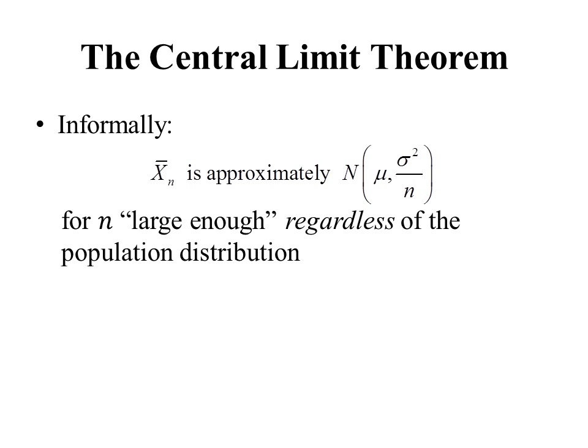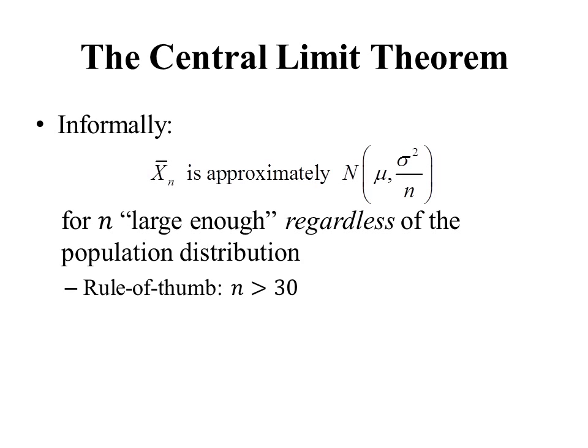So informally, the central limit theorem says that this random variable x bar sub n is approximately normally distributed with mean mu, variance sigma squared over n, for n quote-unquote large enough, regardless of the population distribution. Population doesn't have to be normally distributed. It could have any distribution that we want. Central limit theorem tells us that the sample mean has an approximately normal distribution.